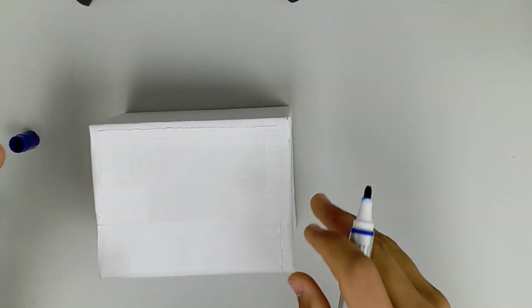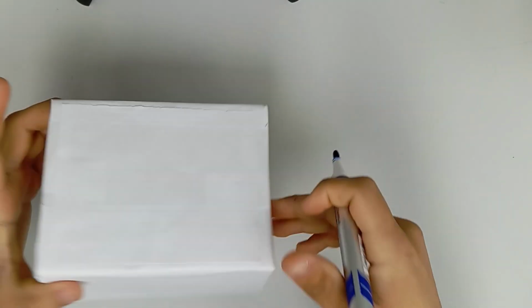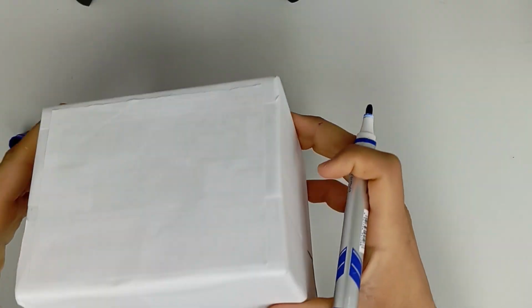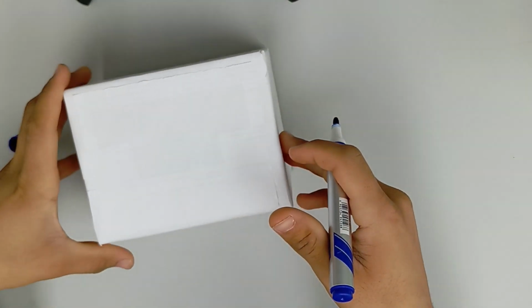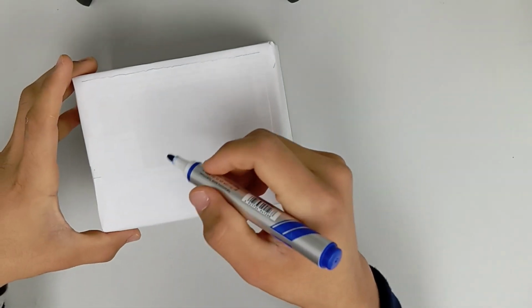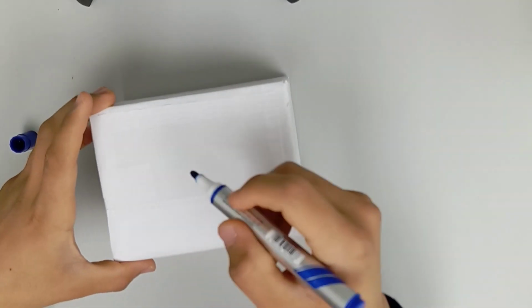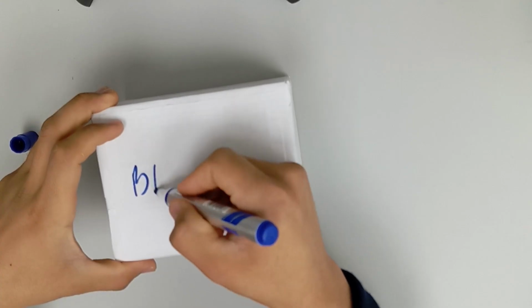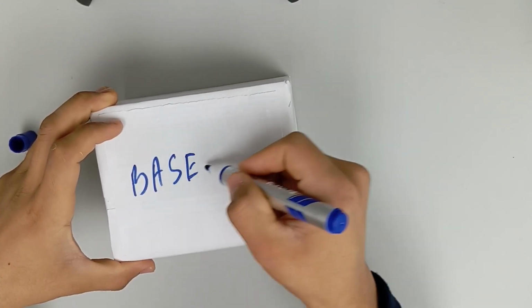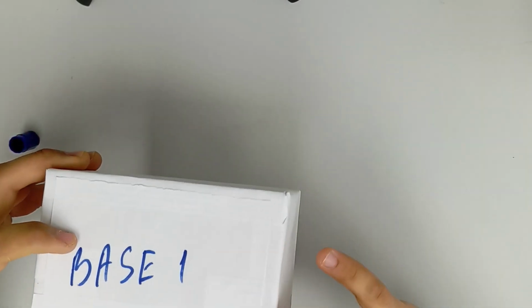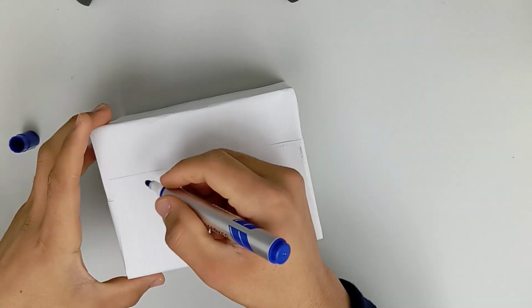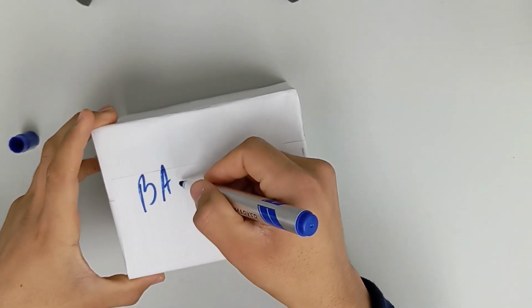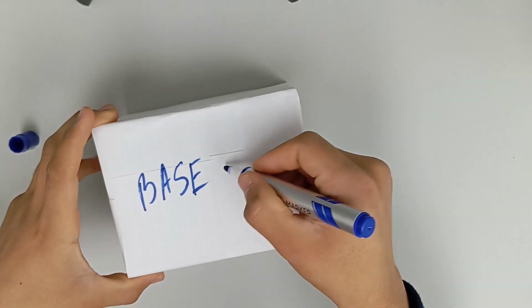Okay, let's see how these formulas work. This is a real-world example of a prism. You can see it has multiple surfaces, and here we have two bases. This one is base 1, and the opposite side is base 2.